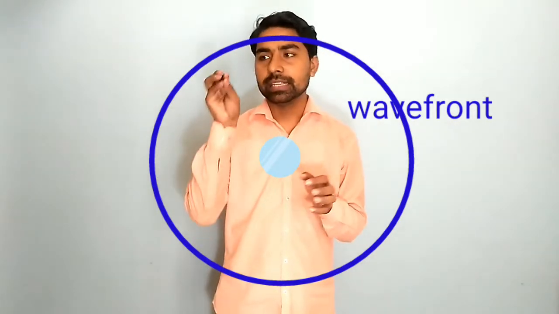What does that mean? Again see, a point object produces a wavelet, this point source. This wavelet will contain many particles around it. Take any particle. Where is this particle? In the wavefront. This particle will originate a new wavefront, a new wave source.